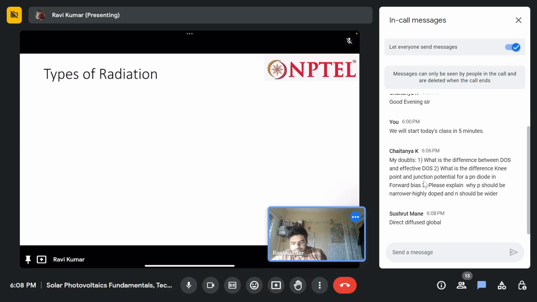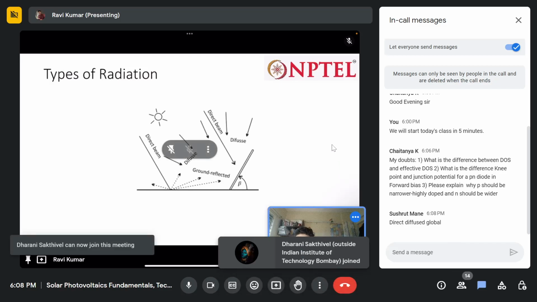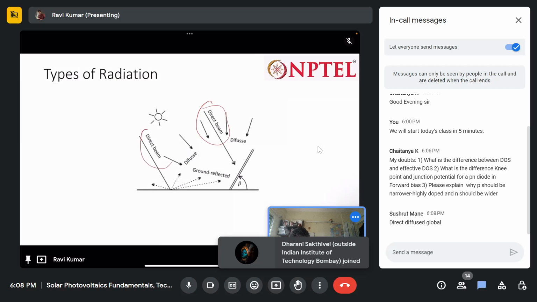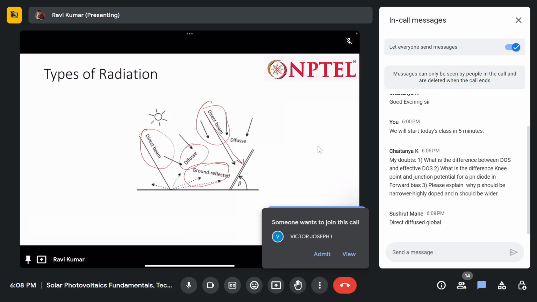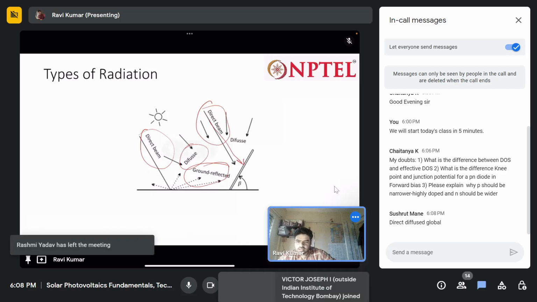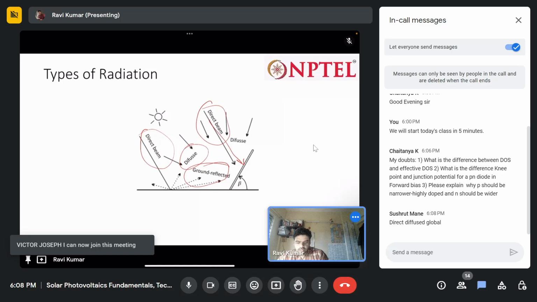Yes, Susrut Mane. This is a pictorial representation which is showing direct beam and diffuse radiation, and these are ground reflected radiation. Anything which is coming directly is direct radiation, and after diffusing with anything like particles in the atmosphere or any object, it is diffuse radiation.